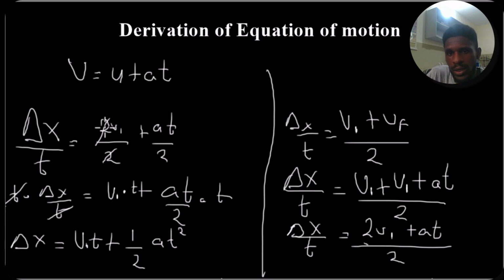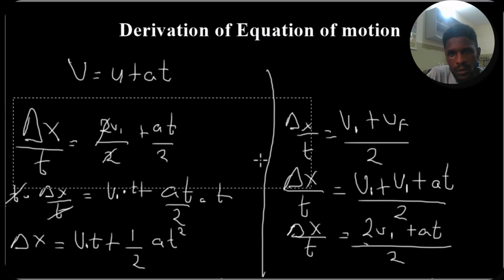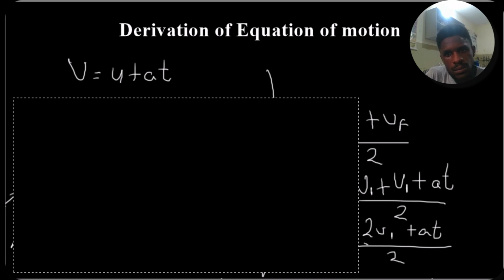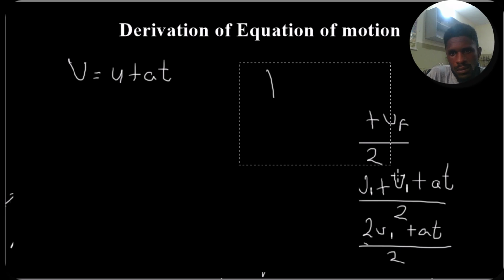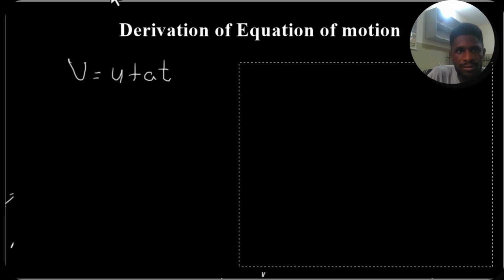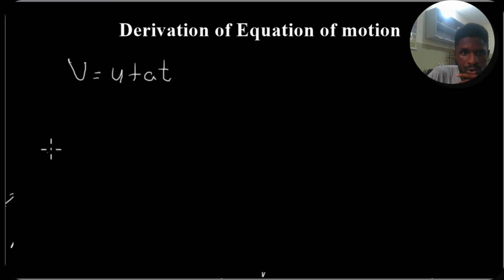All right, before rounding up this video, let's see how we can derive the third equation of motion. For the third equation of motion, what we simply want to do is to square our first equation. By doing that, we have v squared is equal to u plus at, all squared.